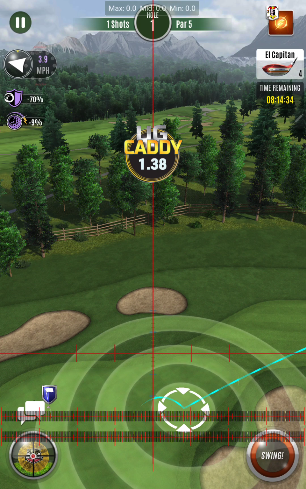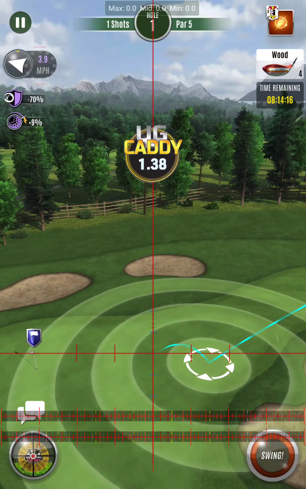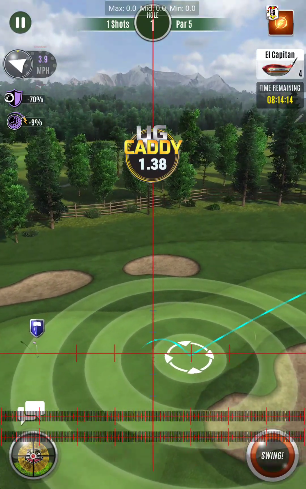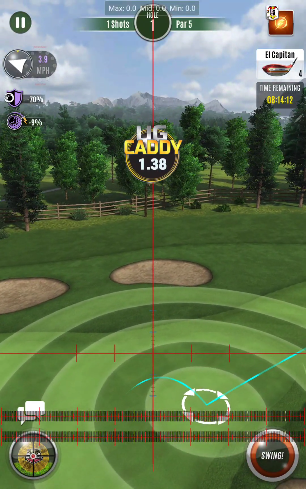Alright, if we had a ruler on here and it was accurate, and the caddy told you to move it 3 inches, we'd be using that as a term. But it gives us a percent value of the ring, and the ring's adjustable. You can adjust it in size. Just like that.